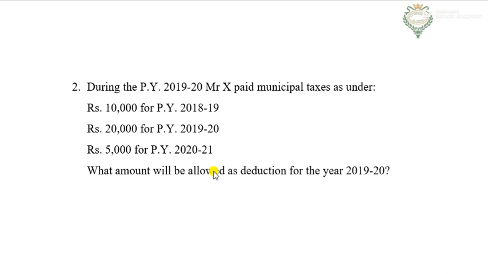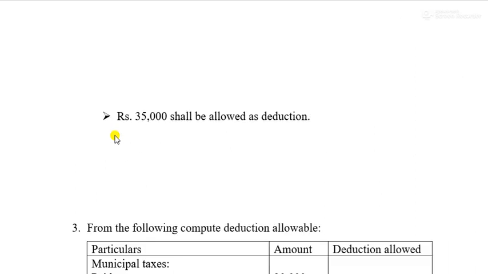Next, during the previous year, Mr. X paid municipal taxes 10,000 in 18-19, 20,000 in 19-20 and 5,000 in 20-21. So the total amount of deduction will be 20,000, right? Wrong. The total amount of deduction will be 10,000 plus 20,000 plus 5,000, which comes to 35,000. As I told you, it does not matter for whichever year I am paying municipal taxes. If I am paying it in this year, I'll get the deduction.